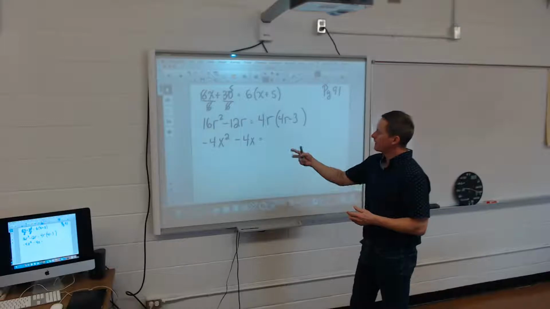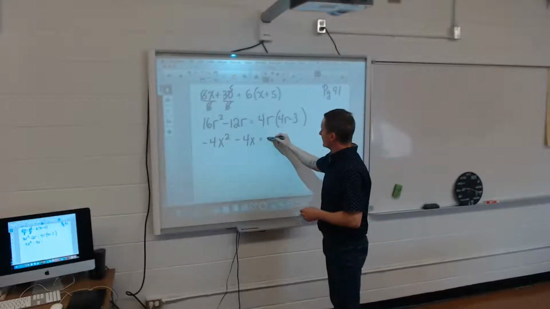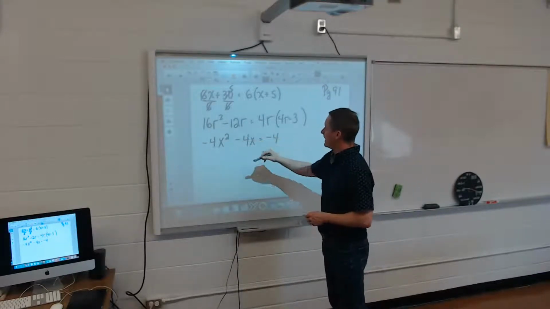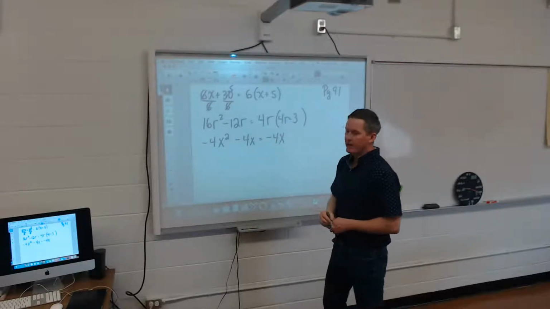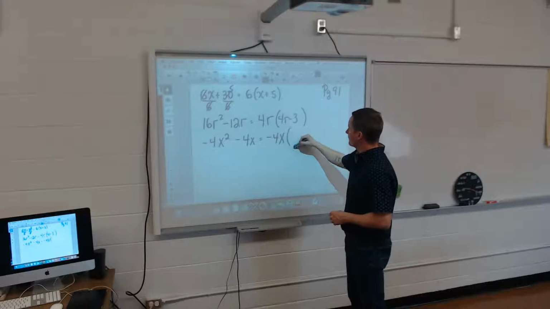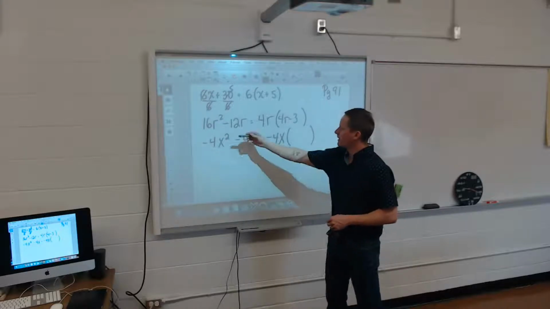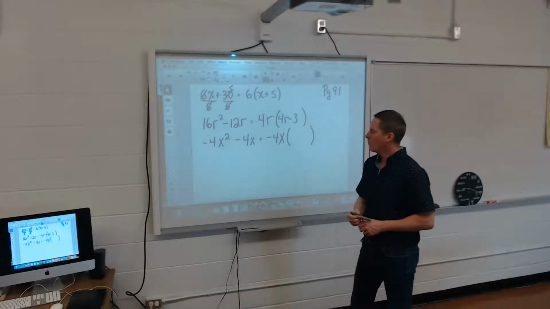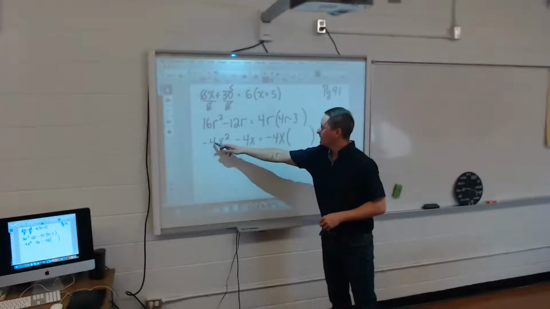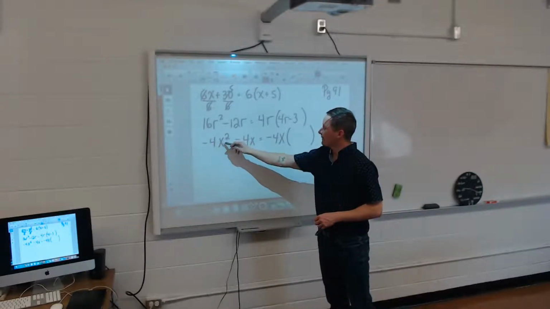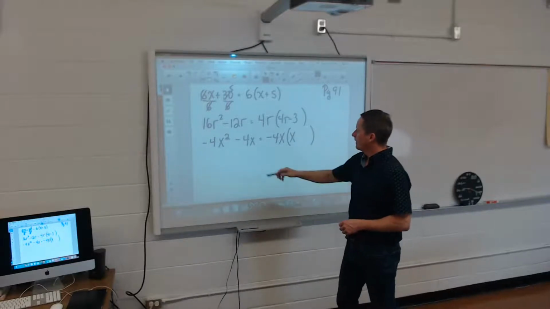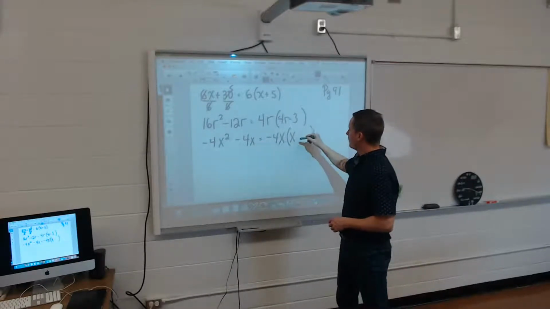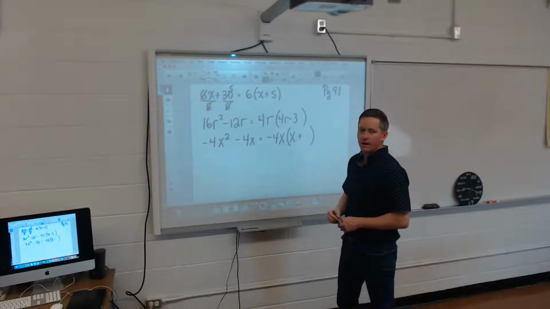So I'm going to take the negative 4 out. So I take a negative 4 out, and I take an x out because I have an x squared and an x. So now I have to figure out, okay, well, if I divide it out of each of these two terms, what am I left with? Well, -4 divided by -4 is 1. X squared divided by x leaves me with x. -4 divided by -4 is +1.